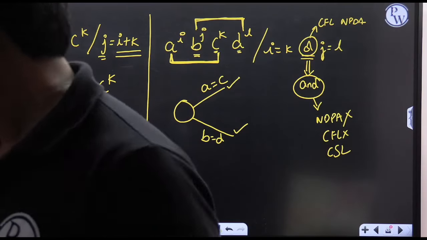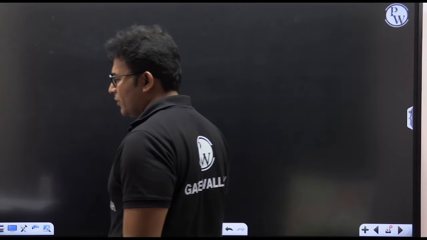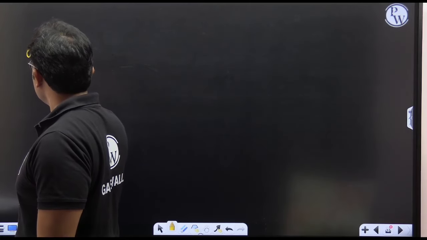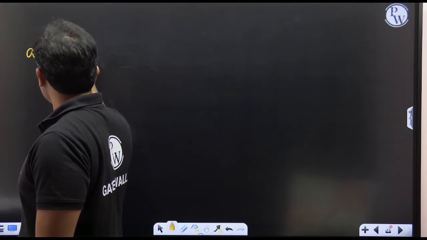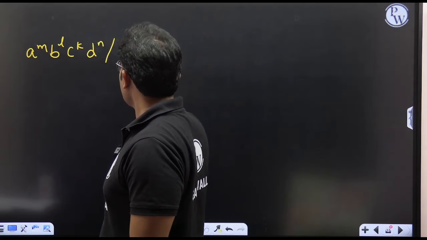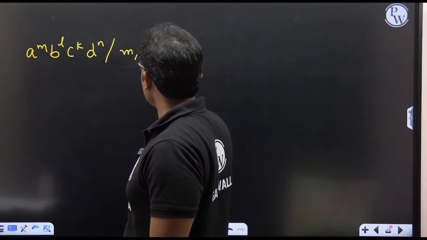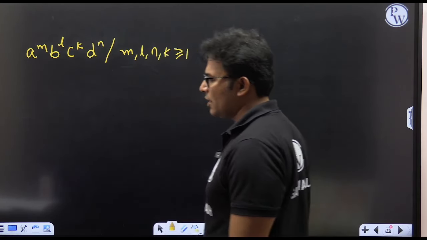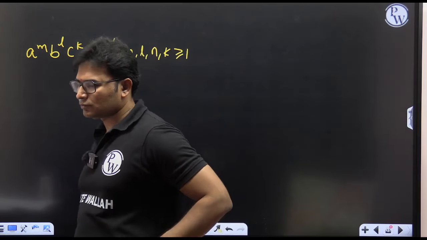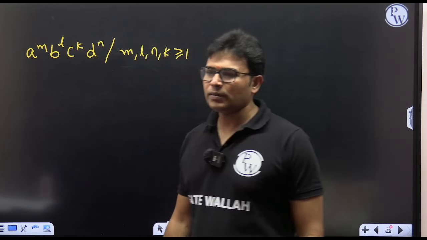Now we will see one more property, one more question. The question is a^m b^l c^k d^n such that m, l, k, n are greater than or equal to 1.